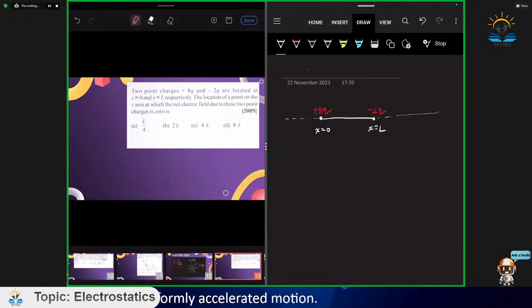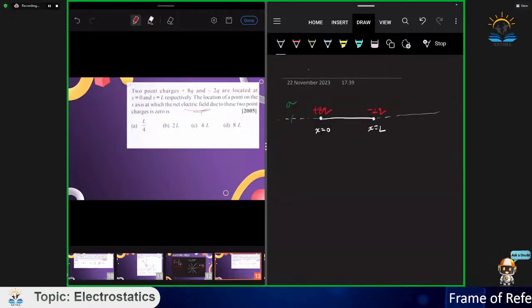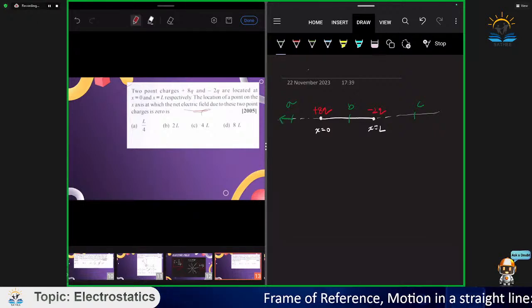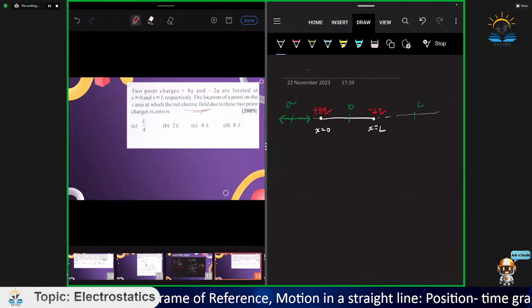Our net electric field should be 0. Suppose I'm taking, so we have three possibilities. Here A, B, C. At A, because of this 8q, electric field will be towards minus x, and because of this minus 2q, electric field will be towards this.